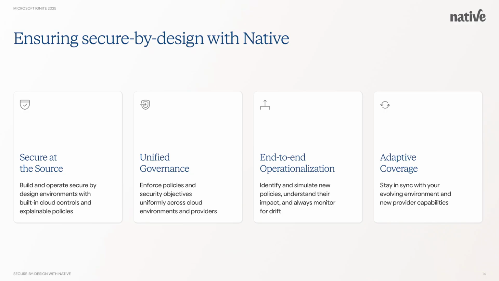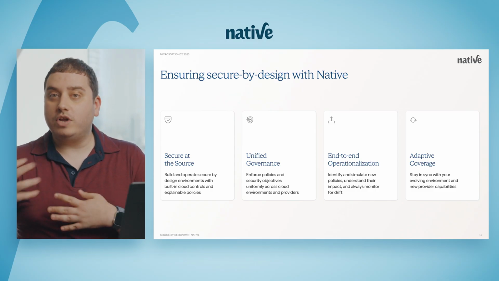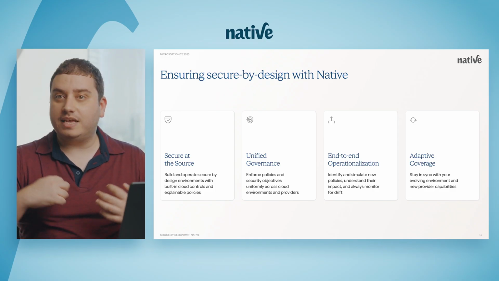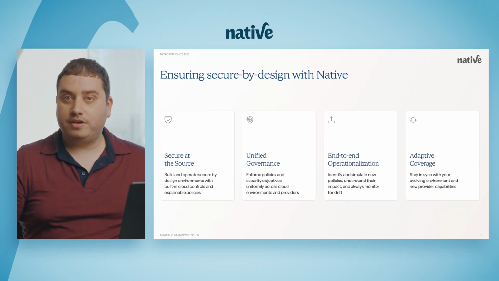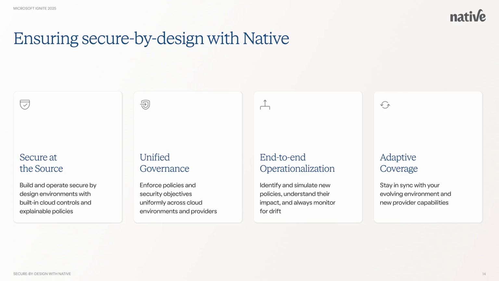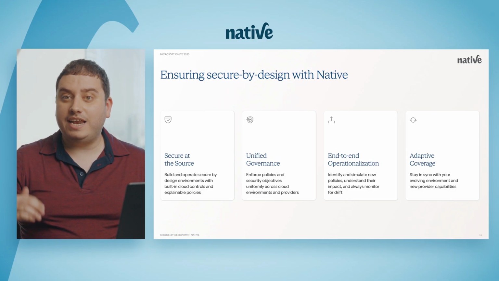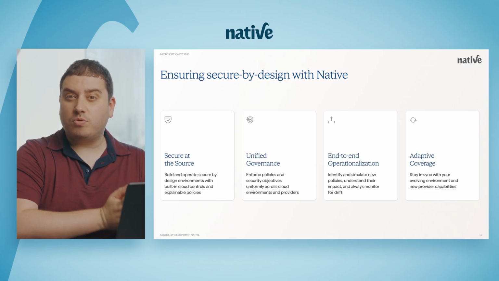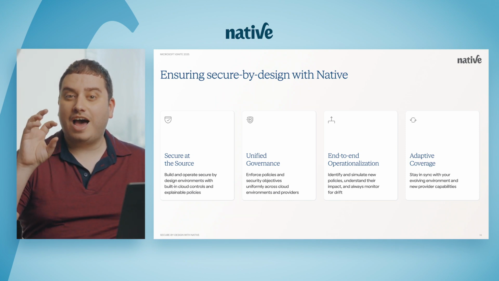Each of those capabilities can be operationalized end-to-end through native, with simulation of new policies, understanding impact of existing capabilities, and always monitoring for drift. And finally, native provides adaptive coverage to your security capabilities as your cloud evolves and as cloud providers launch new capabilities, to always make sure that you're up to date and that your security standards match how you use the cloud.